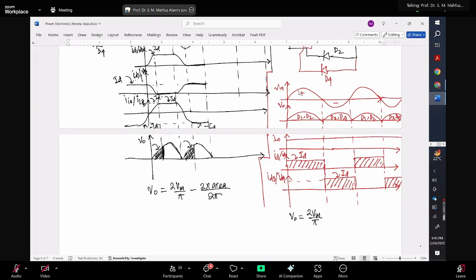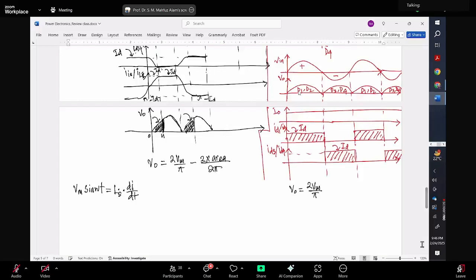You got my point, right? And what was this area? From 0 to u, previously we said Vm sine omega t was Ls multiplied by di over dt.